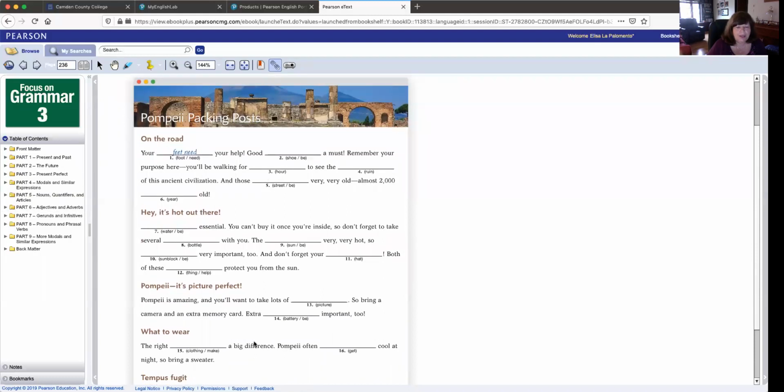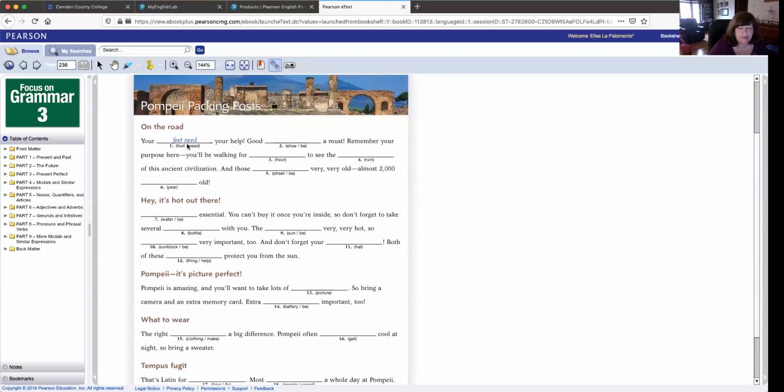So we have this piece of writing here. There are blanks, and under each blank you will see one word, two words, okay? So for example, the first one is done for you, and under the blank you see foot and you see need. The answer is your feet need your help. Feet is the plural of foot.